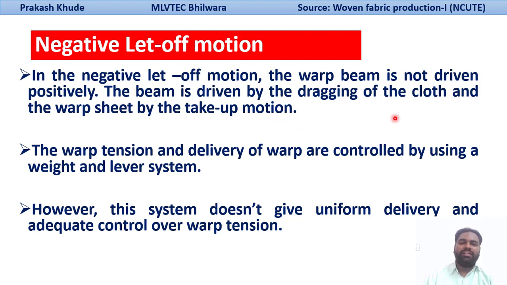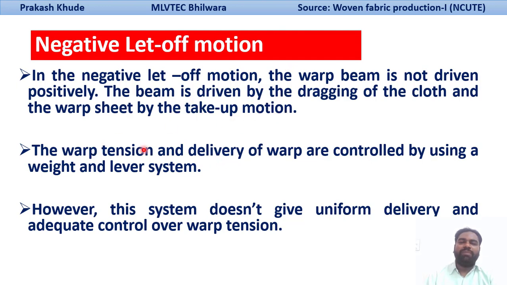If you are dragging the cloth at the front, tension is exerted on the warp sheet, so the release of the warp sheet from the weaver's beam is done negatively. There will not be any drive system. So due to this take-up motion, the let-off is ultimately done.